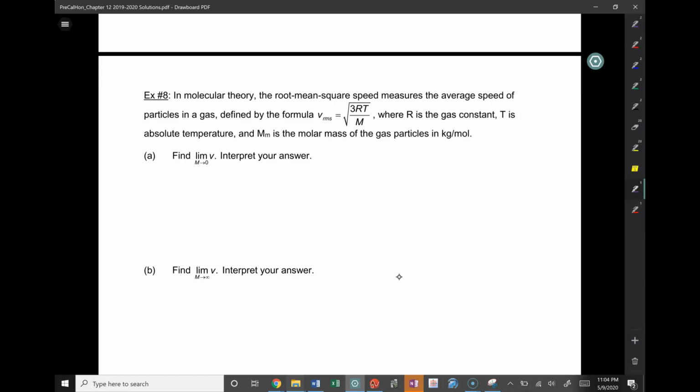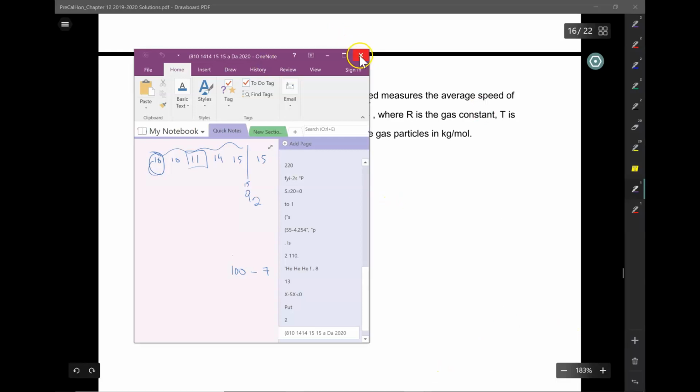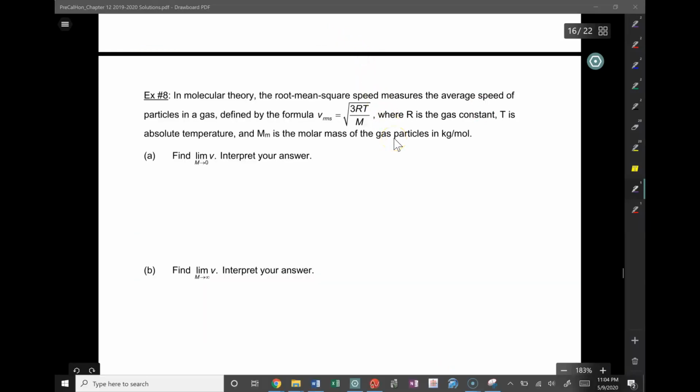So this is the V, root mean squared, where R is the gas constant, T is absolute temperature, and M is the molar mass of the gas in kilograms per mole.